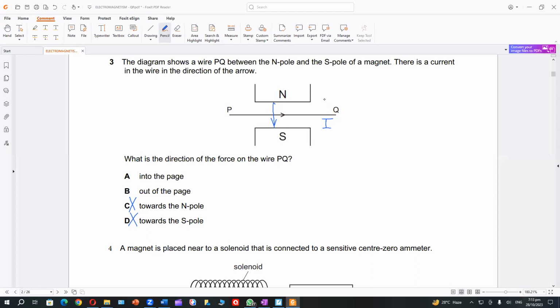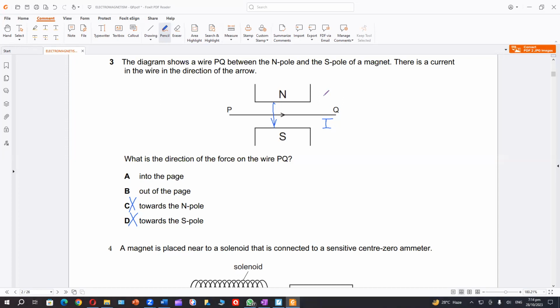B. When I am putting the left hand rule, I'm also getting into the page.